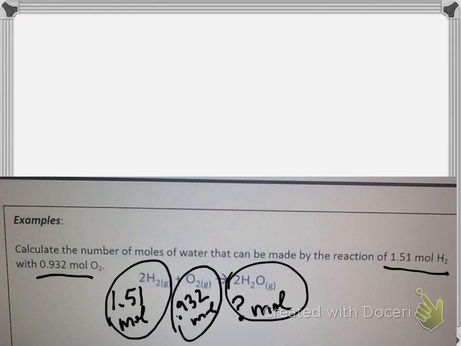This is a limiting reagent problem. We want to know how much product we can make if we combine these 2 reagents. So what we want to know is which one is the limiting reagent. The limiting reagent will make the least amount of product, and that's your theoretical amount of product that you're going to make.